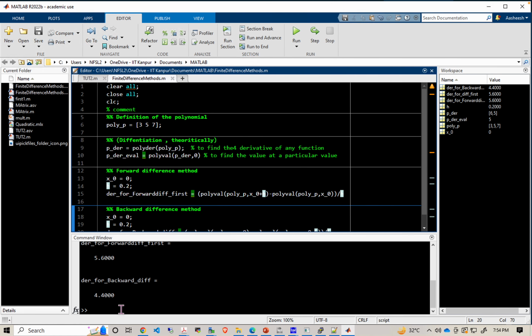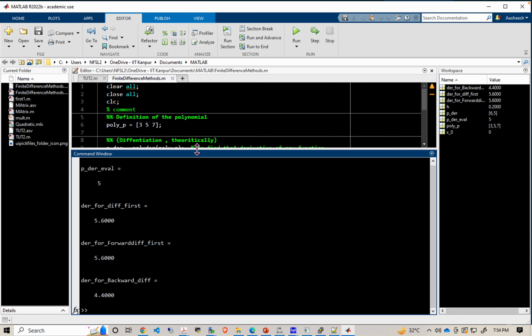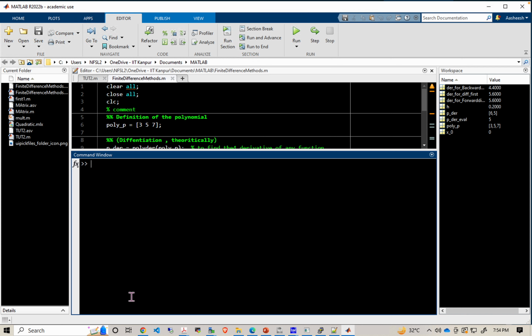Let me write it. Okay, this is my command window. I will define the 5 into 5 matrix, suppose as 1, 2, 3, 4, 5, 2, 3, 4, 5, 6.